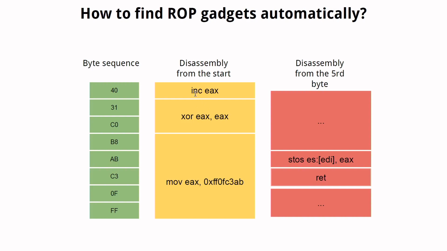The first instruction is increase EAX, and this instruction is only 1 byte, which is 40. The next instruction is exclusive or EAX, which takes 2 bytes. Then the next 5 bytes are one instruction. Let's move this number to EAX. So this may be what the compiler really generated, those 3 instructions. However, those 3 instructions, they map to these 8 bytes.